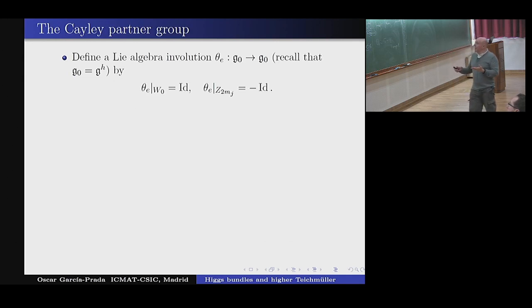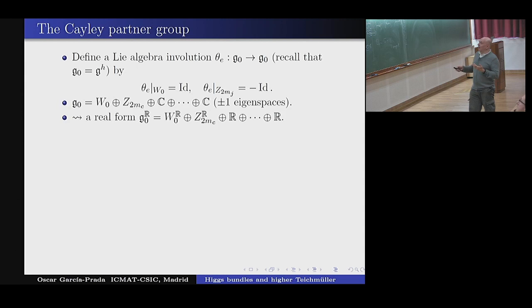The Cayley group is defined in the G0 part of the previous decomposition. We define a Lie algebra involution, which is given like this. From there, in this complex Lie algebra G0, you can identify a real Lie algebra: because you have a holomorphic involution, you take the anti-holomorphic, the compact one, and you can construct the real form.